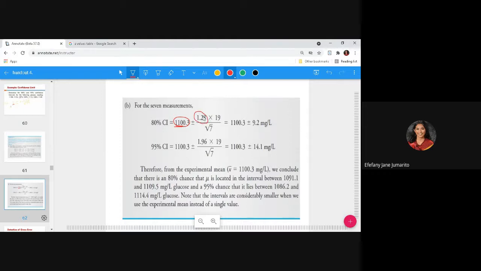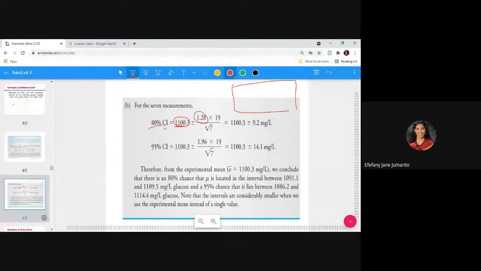Okay, where did you get this 1.28? Now 1.28 is given in a table. I will give you the table. So depending on the percent on the confidence, depending on how many percent confident you are, then it has value. So if you are asked of 80% confidence, or 90% confidence, 95% confidence, that has values.